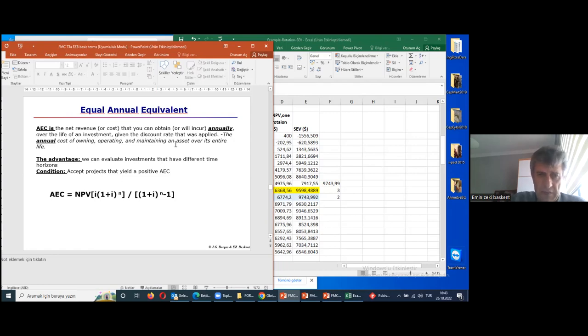Given the discount rate that was applied, of course this will be associated with a certain discount rate. So it is the annual cost of owning, operating, and maintaining an asset over its entire life. So we could evaluate with that one. What is the advantage? The advantage is that we can evaluate investments that have different time horizons.